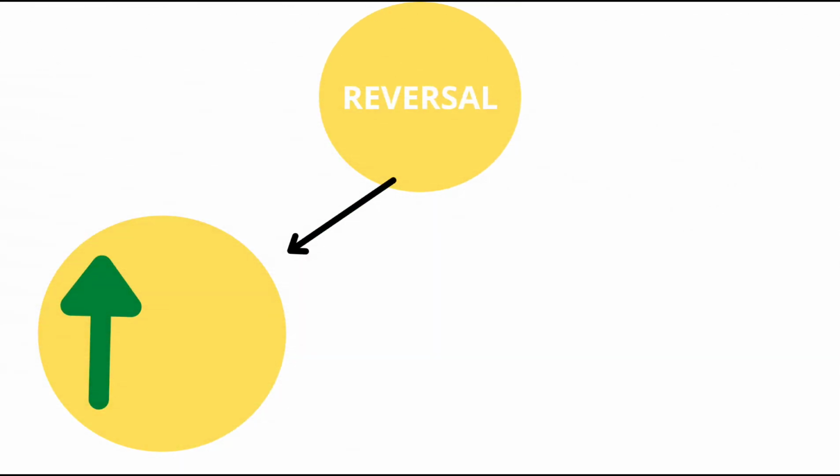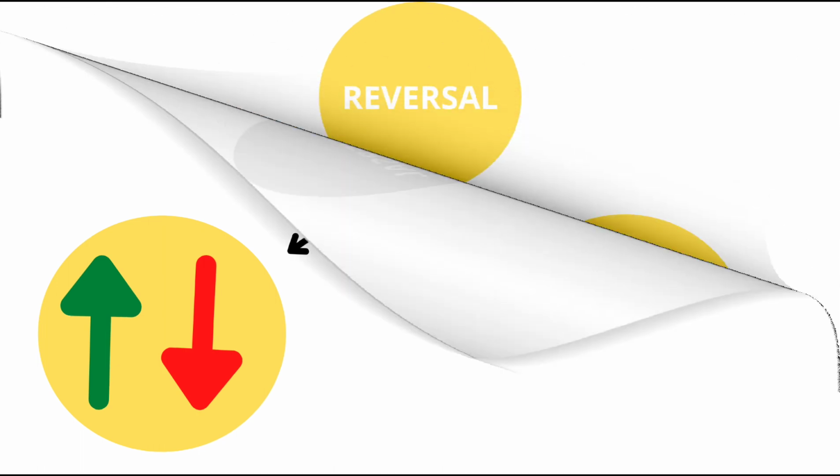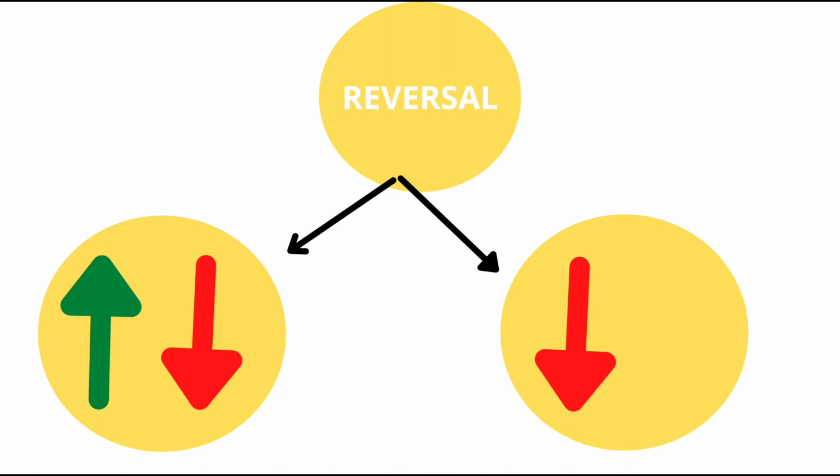For example, if price is going up and a reversal chart pattern appears, it means that the price will go down after the pattern. The opposite is also true. If the price is going down and a reversal chart pattern appears, it means that the price will go up after the pattern.